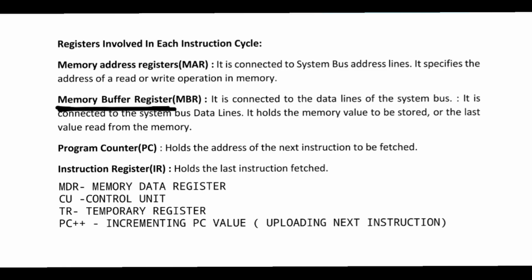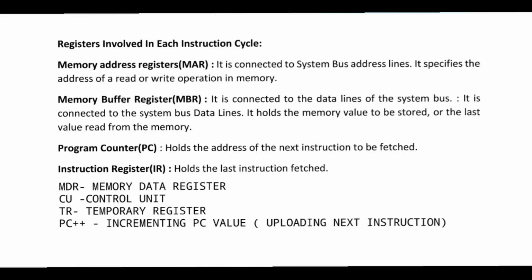Then we have our next register, which is the instruction register. As you are noticing, it holds only instruction. It can't hold the data. Memory has both data and instruction, but the instruction register only holds the instruction.